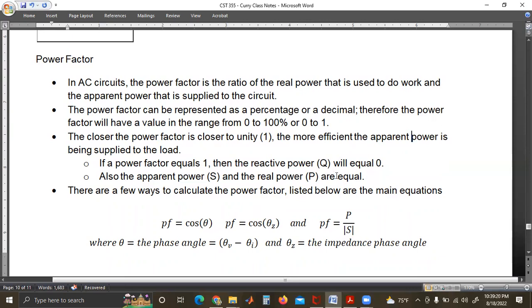In other words, if I were to draw this out in a power triangle and compare the two triangles, I have one that looks like this versus one that looks like this.